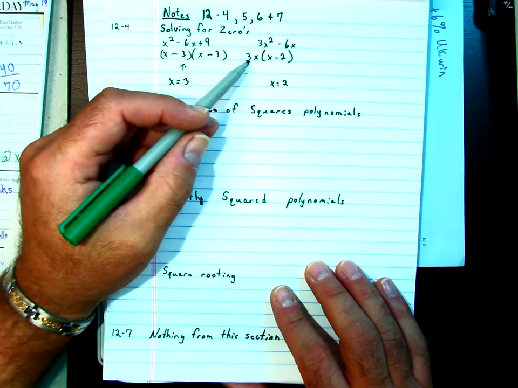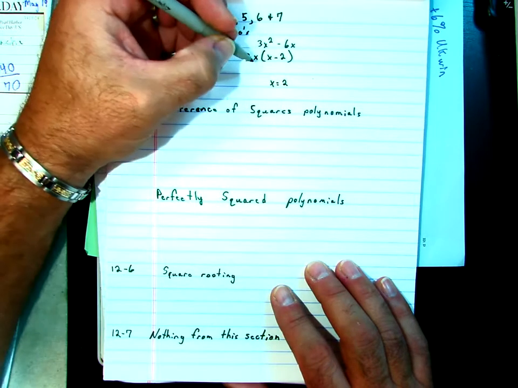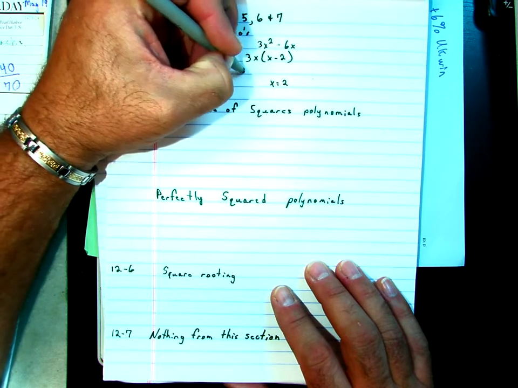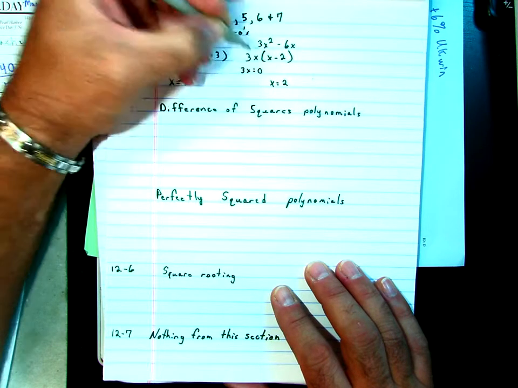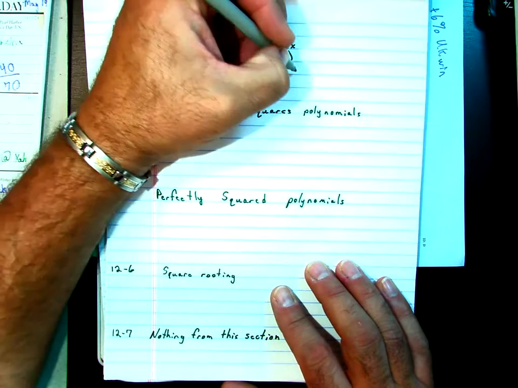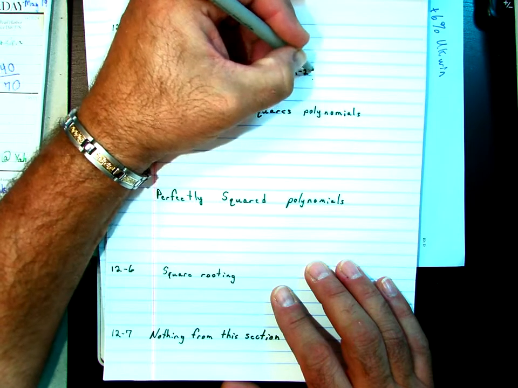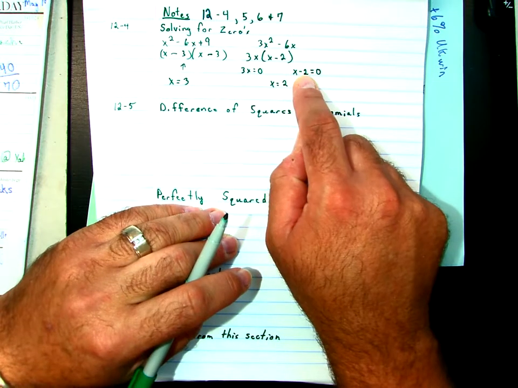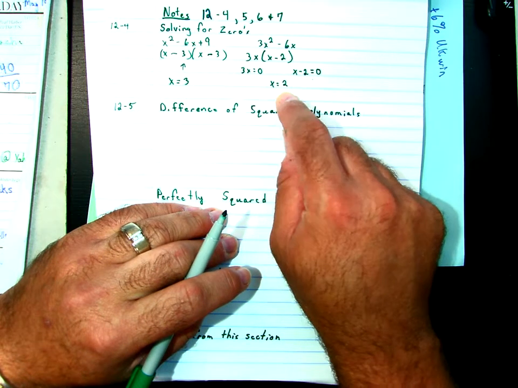What would the other zero be? Well, this is where the math comes in. Theoretically, what we're supposed to do is put 3x equal to 0 because we're finding the zeros, and x minus 2 equal to 0. Well, we already know that if we've always put x minus 2 equal to 0, the answer is always its opposite. Okay?